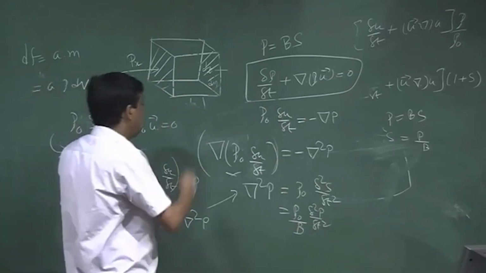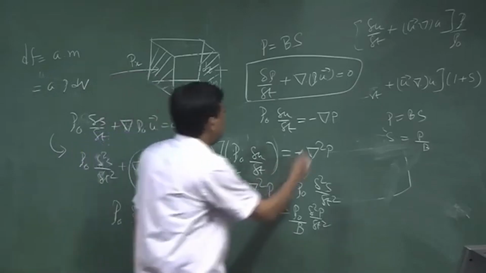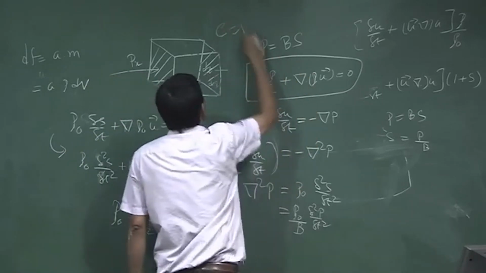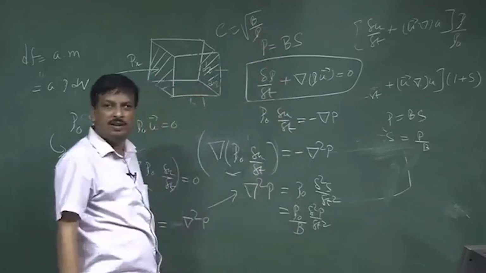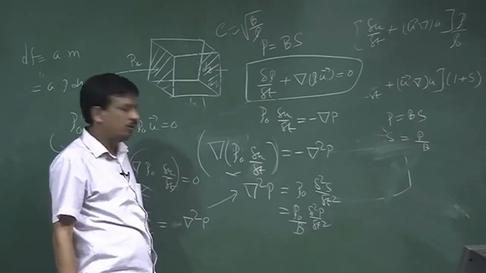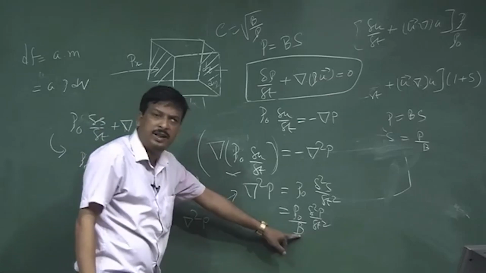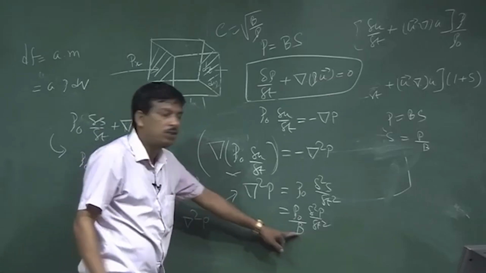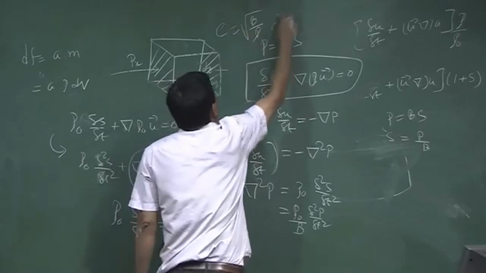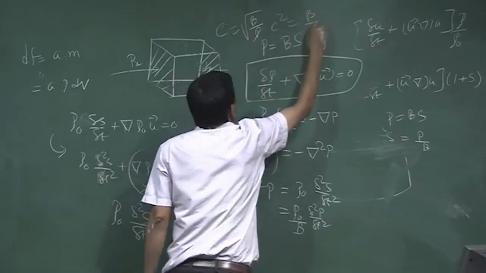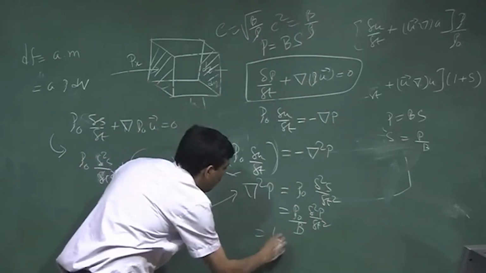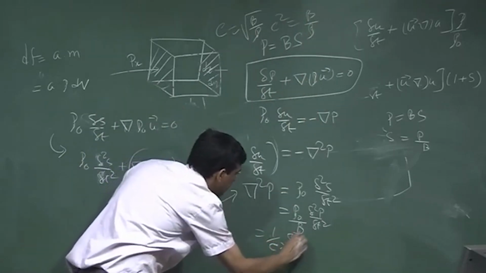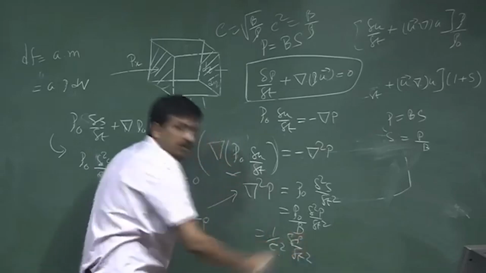So, what is C? C, as we said, is the bulk modulus divided by density. So, C square is equal to bulk modulus divided by density. So, it is nothing but 1 by C square del square P by del t square.